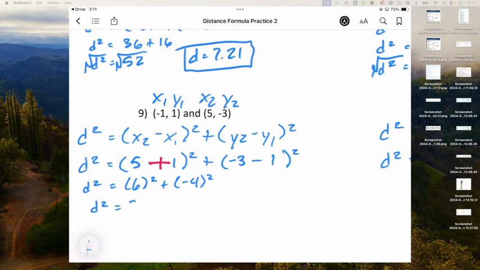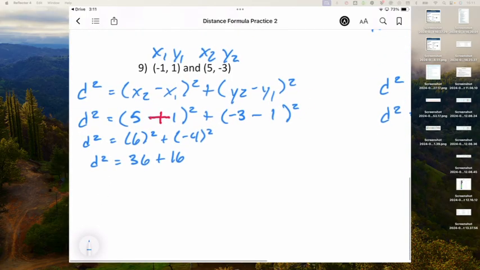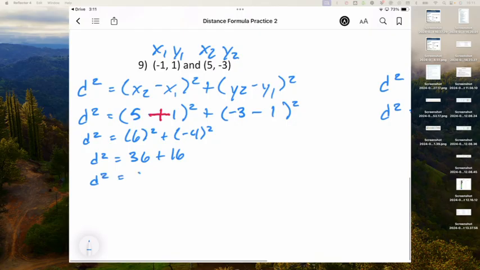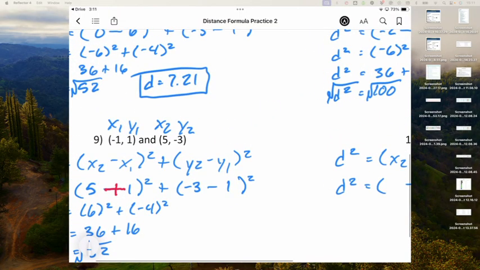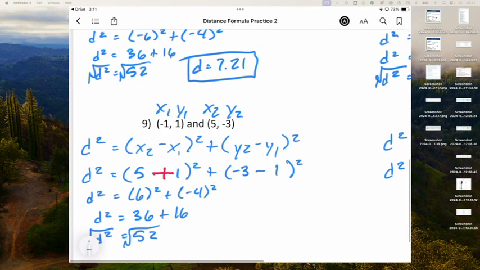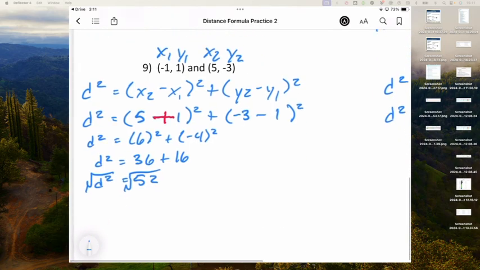D squared is equal to 36 plus 16. D squared is equal to 52. Square root both sides. Really? That's the same as the last one we had up there, 52. That's crazy. 7.21.